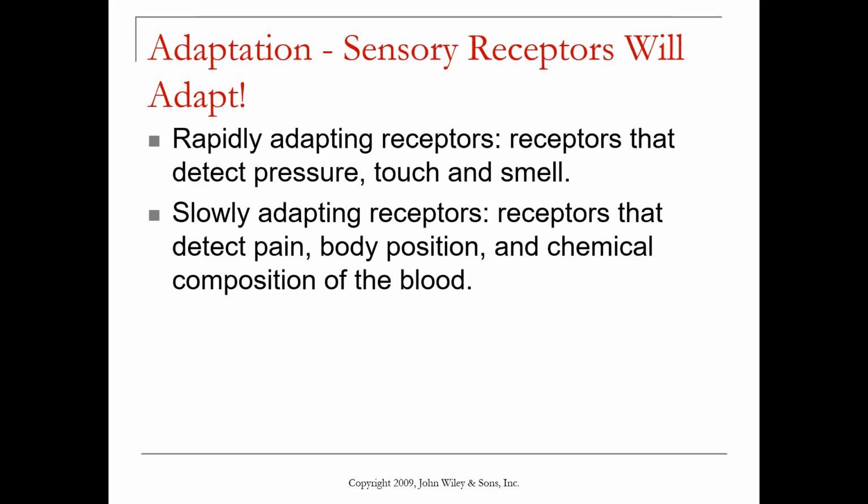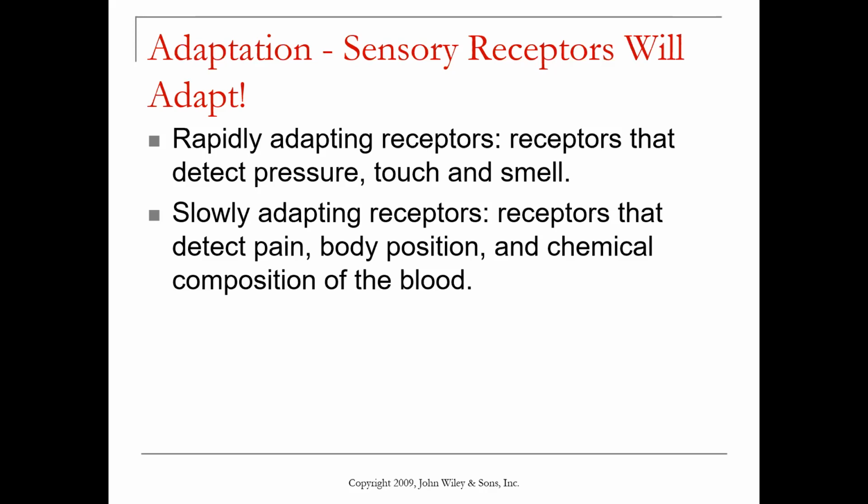We also don't adapt to the chemical makeup of our blood. Our blood pH is very, very important to us. The sodium concentration in our blood is very important to us. The presence of oxygen levels in our blood is very important to us, as well as carbon dioxide. So we don't ever adapt to the makeup of our blood.